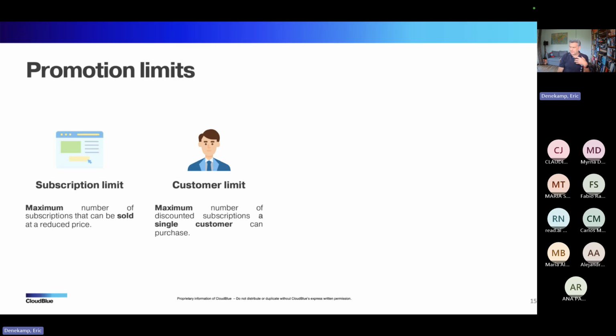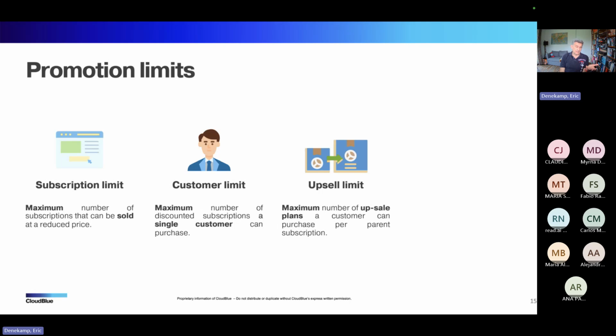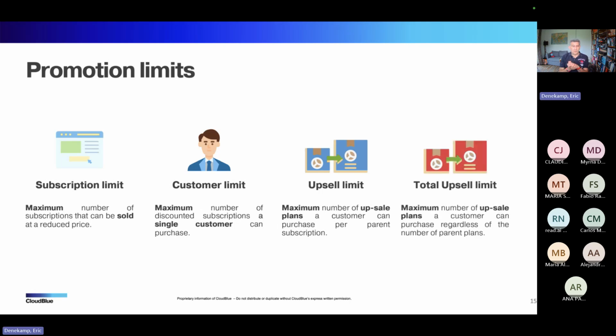Again, I'm here with my parent plan story, but if you do upsells, and that's what you do with a parent plan, right? If you buy Office 365 and you buy Acronis on top, we call it an upsell, you get your Acronis subscription cheaper. You can also, of course, limit that, where the per customer limit is this one, and the total upsell limit is that.